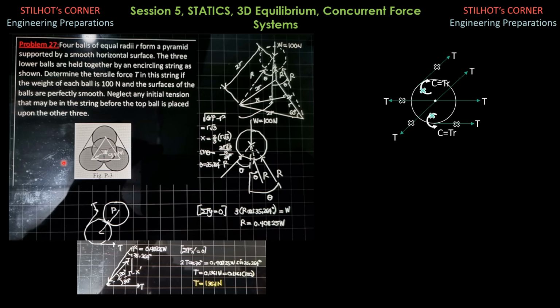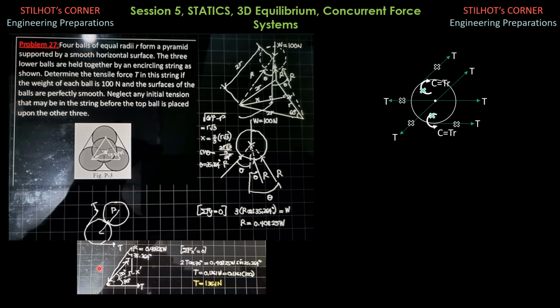If you look at it from the top, the point of contact would be that point which bisects the angle between these sides of the equilateral triangle, so 30 degrees each. And this is now the R. It is now transmitted to the lower ball.